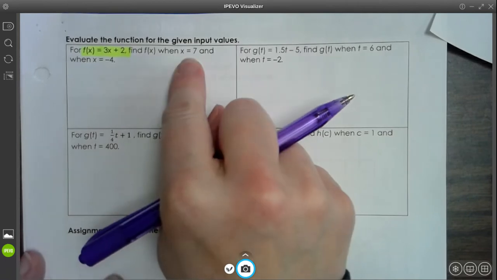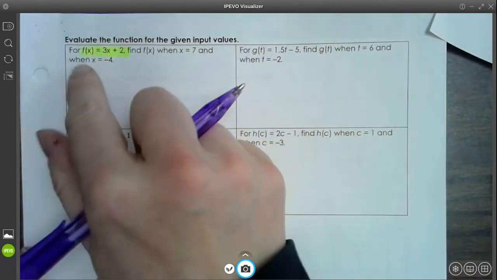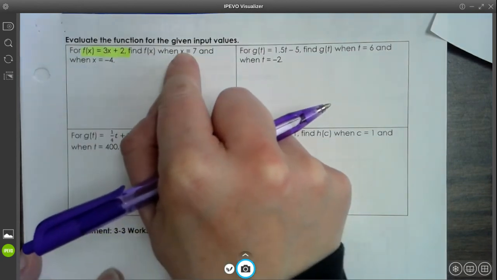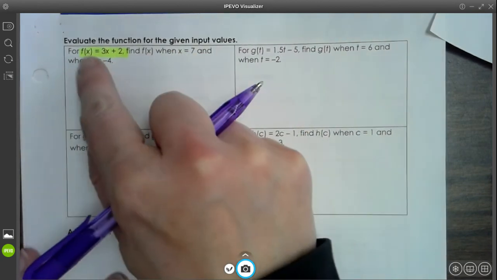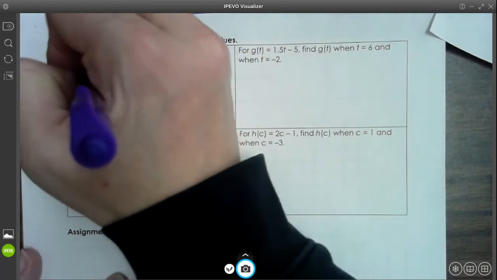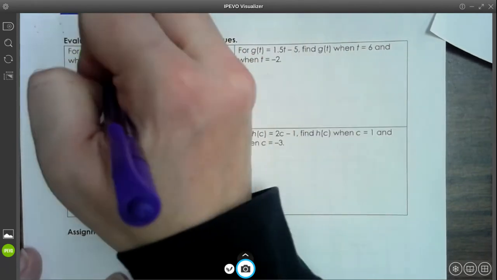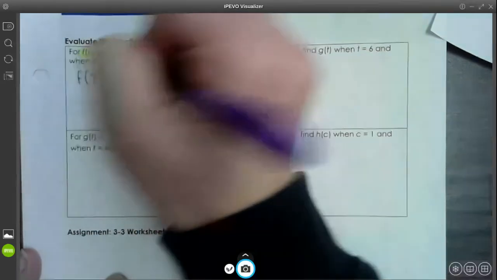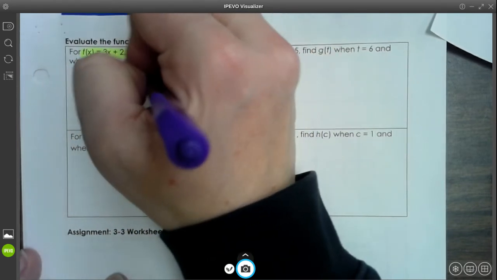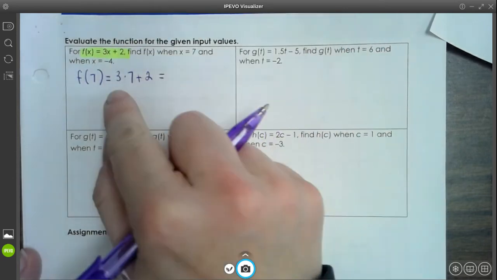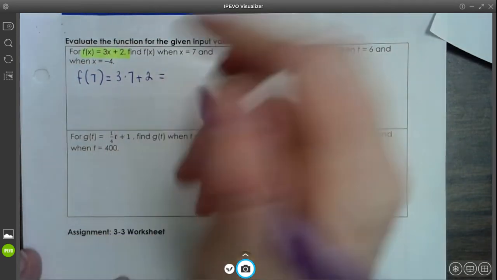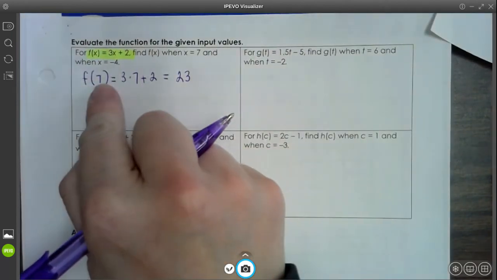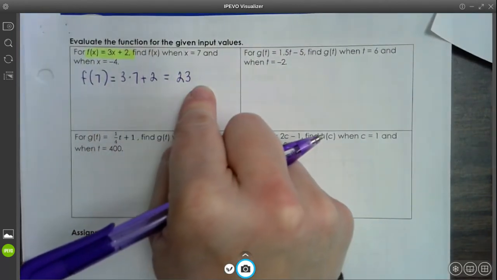So f of x when x equals 7. So I'm going to rewrite this function, but everywhere I see the x, I'm going to put in a 7. So f, when I replace a 7, is going to be 3 times 7 and then plus 2. All right, 3 times 7 is 21, and 21 plus 2 is 23. So f of 7 is 23.